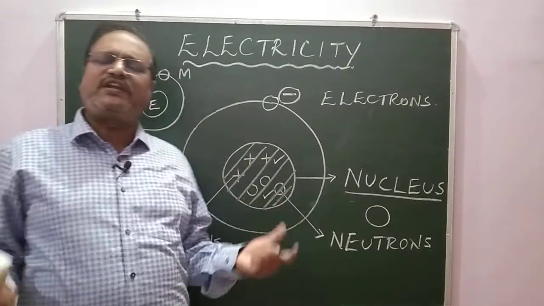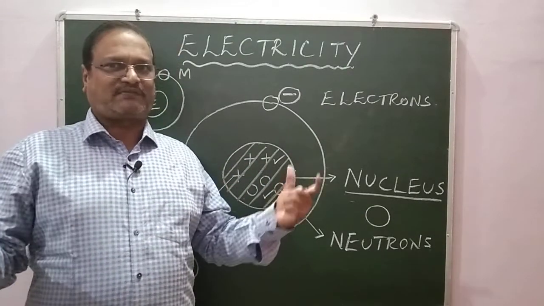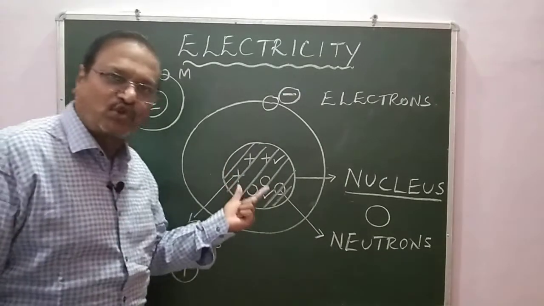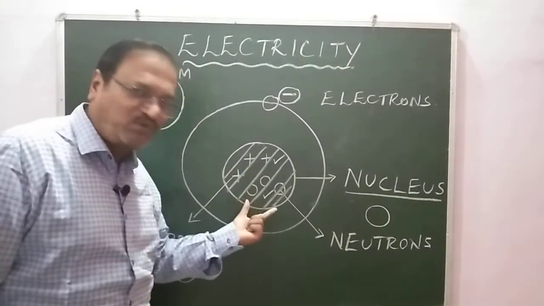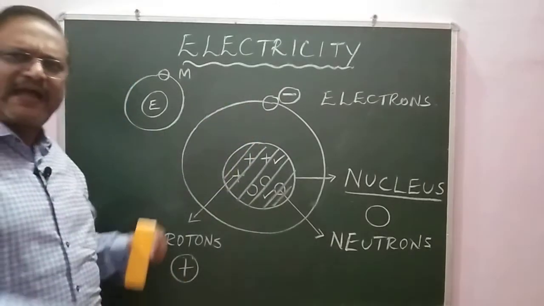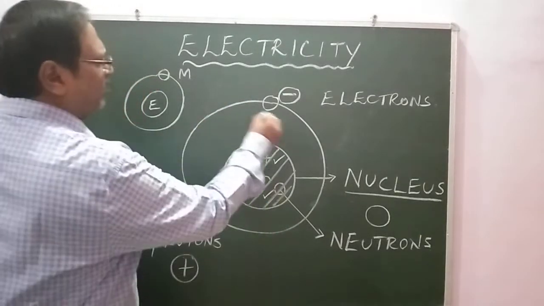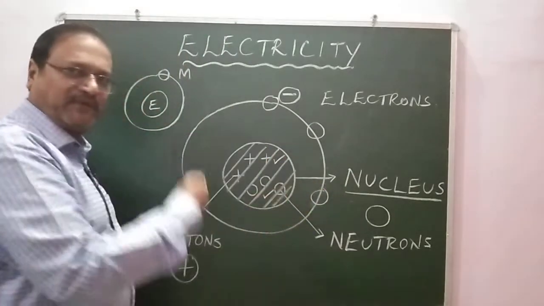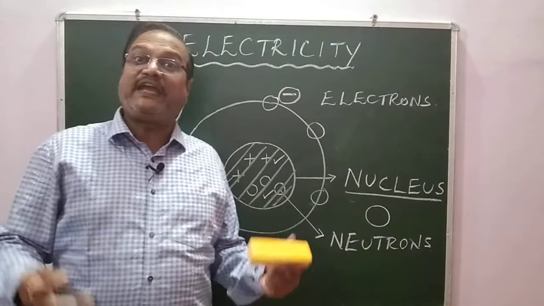Now, why should we study all this? Copper atom also will have so many protons and so many neutrons and so many electrons. I have drawn only one electron. As atoms, different atoms will have different number of electrons, right? Maybe 3, maybe 5, maybe 7, maybe 80.